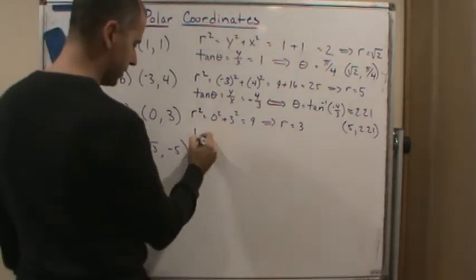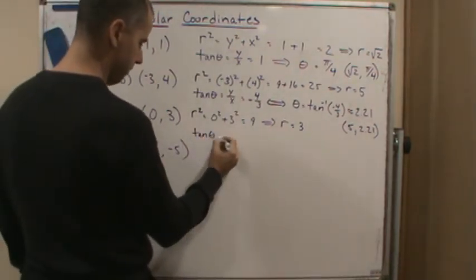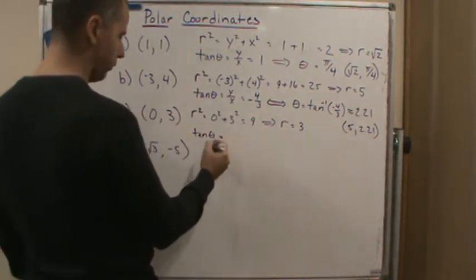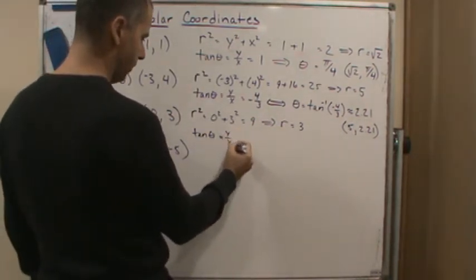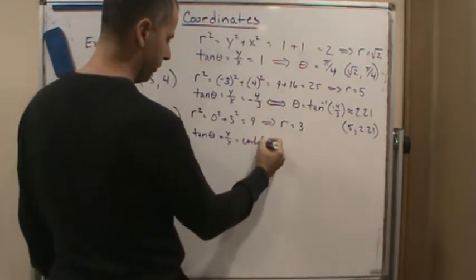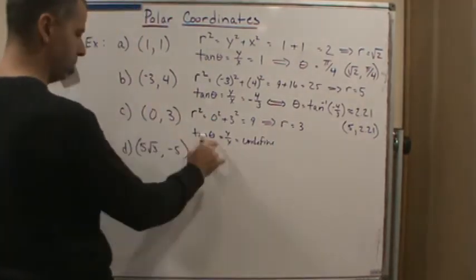And then, of course, tangent theta equals y over x, but in this case, it's undefined, right? Why is it undefined? Because x is 0.